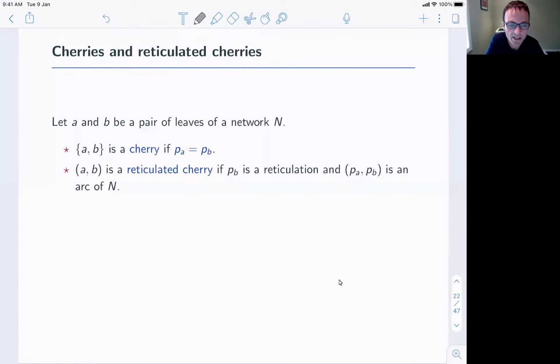Its counterpart is a reticulated cherry. That's a pair of leaves where P(B) is a reticulation, so the parent of B is a reticulation. And we also additionally have this arc, P(A)P(B), which necessarily means that P(A) is a tree vertex.